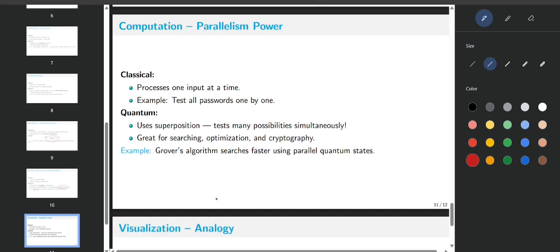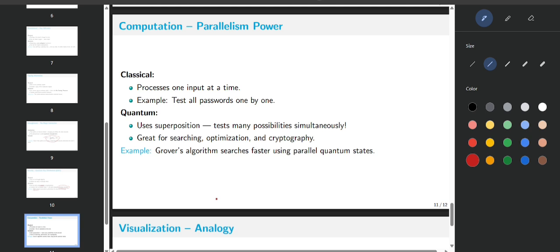Moving on to quantum parallelism. A classical computer tests one input at a time, for example checking passwords one by one, so it takes much time. Whereas quantum computers can use superposition to test many possibilities at once. This is why they are so good at optimization, searching, and cryptography.